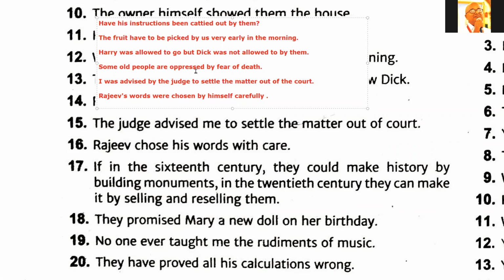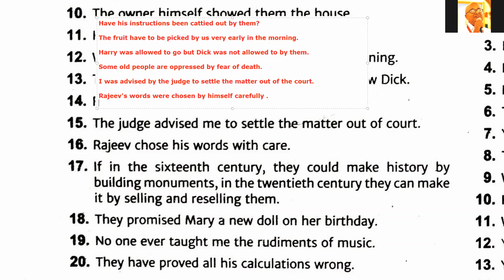Next, Sir, ये वाला मेरा doubt. If in the 16th century they could make history by building monuments, in the 20th century they can make it by selling and reselling them. Now, this is a very long sentence actually.